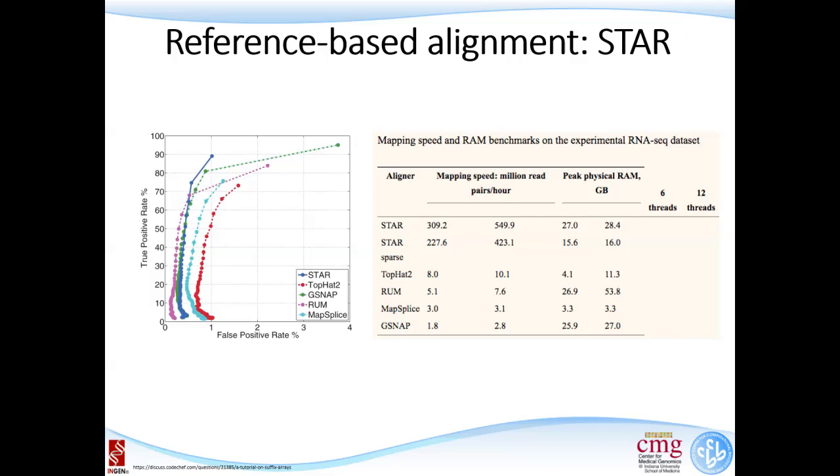This figure is just an example of how STAR compares to a few other popular aligners at the time. The main thing you can see is a massive advantage in mapping speed, or specifically the number of read pairs per hour that you can put on a genome with STAR. And this extends no matter how many threads you use. So that was by far the coolest thing about STAR.